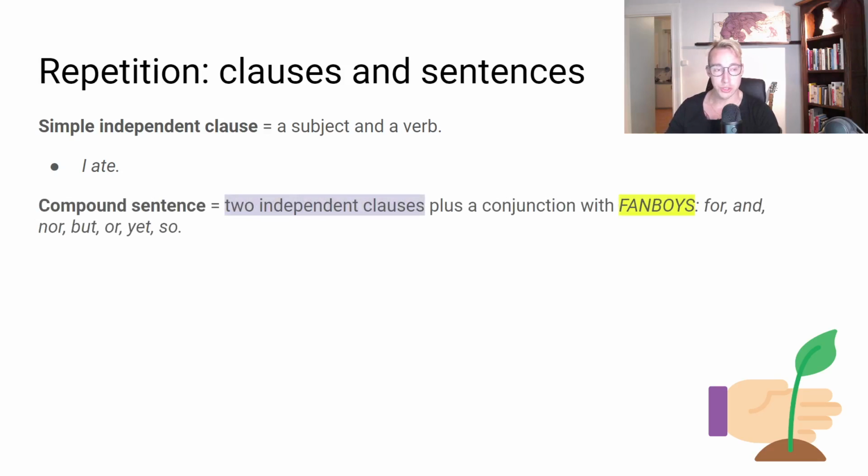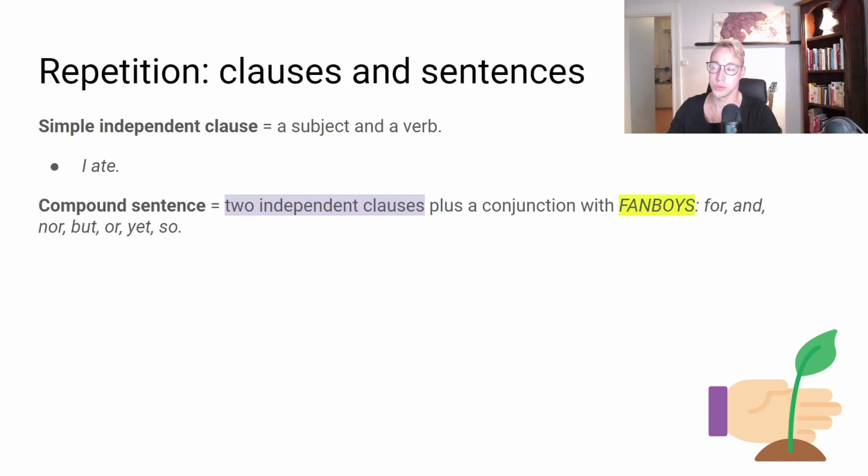But as you carry on and develop your English skills, you want to become more advanced. And one way to do this is to create what is known as a compound sentence. And what you do is that you take 2 of these independent clauses and then you connect them in the middle using a conjunction. A conjunction is a word that connects parts of your language.